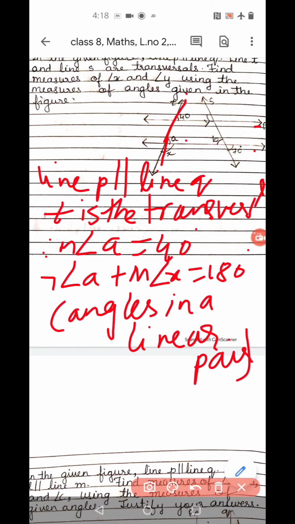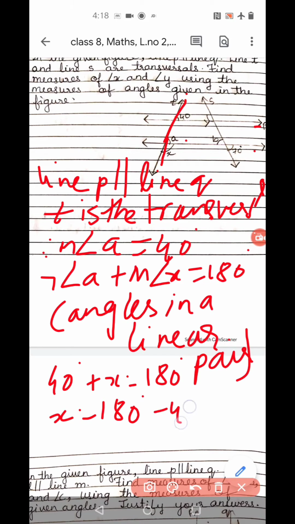So we know that A is 40 degrees, so 40 degrees plus X is equal to 180 degrees. So X is equal to 180 degrees minus 40 degrees, which is equal to, sorry, 140 degrees. So we get the answer of X as 140 degrees. So we have received the answer of X.